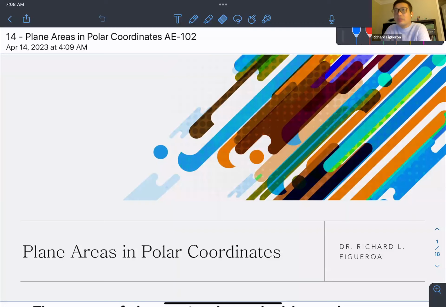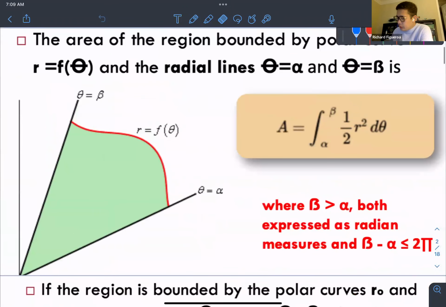However, if there are two or more polar curves, there would be some boundary there, particularly the points of intersection between the two curves. So we'll be able to find the concerned area bounded by two different curves. But in finding the polar area, we have a general formula.